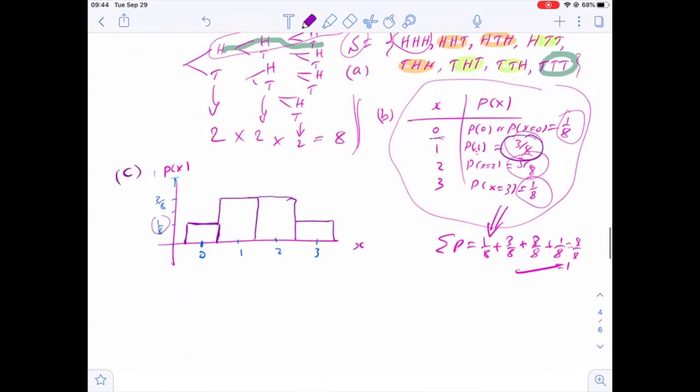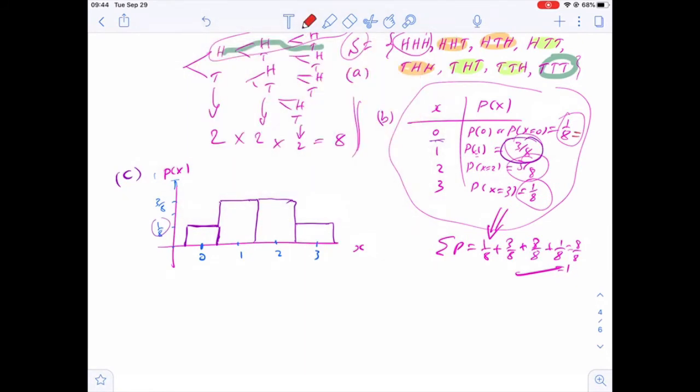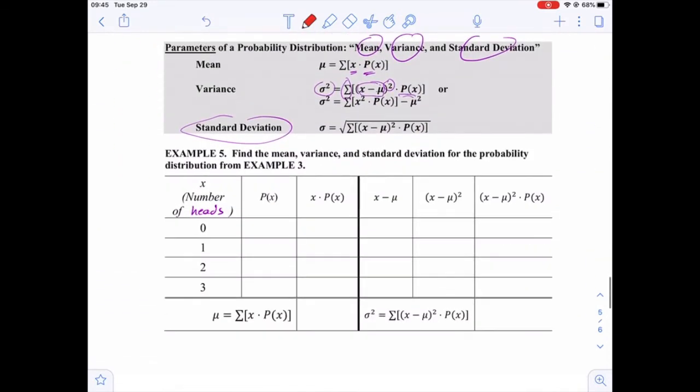If we convert these probabilities into decimals using calculator, we get, for example, here the probability is 0.125, here probability is 0.375, here 0.375, and 0.125. We'll use these rather than the fractions. Now probability of x here is 0.125, 0.375, 0.375, and 0.125.